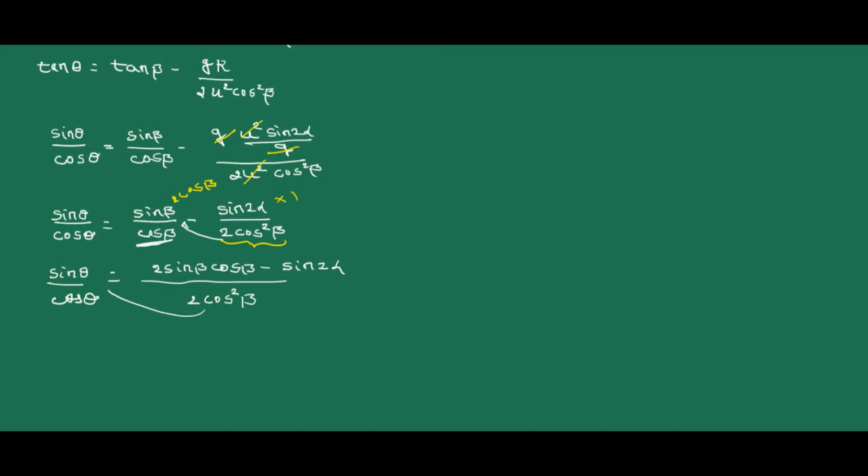Now by using cross multiplication, transpose 2 cos square beta to the left hand side, cos theta to the right hand side, so that we get 2 cos square beta into sin theta is equal to cos theta into bracket 2 sin beta into cos beta minus sin 2 alpha.